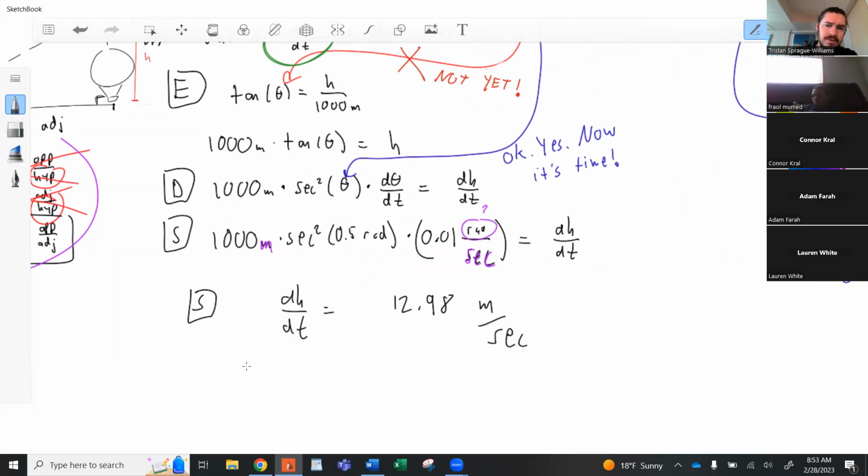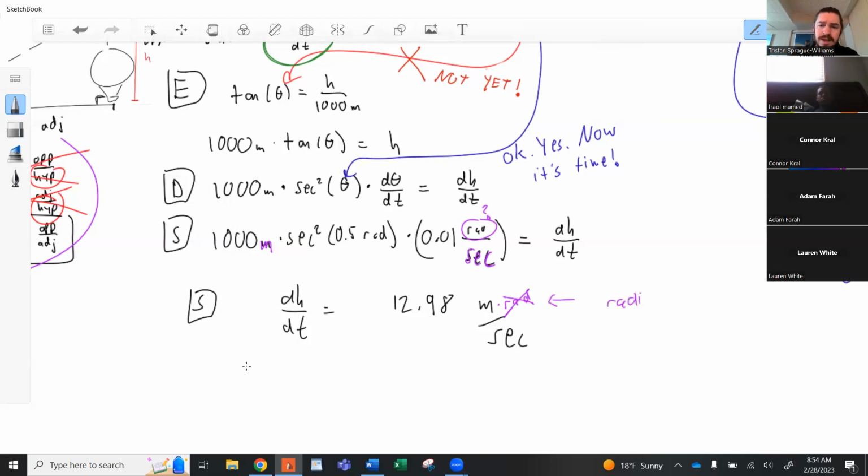What about radians? Shouldn't it be meters times radians over second? Does anyone remember anything about radians and how they work as units? We're running out of time, so I'll tell you.